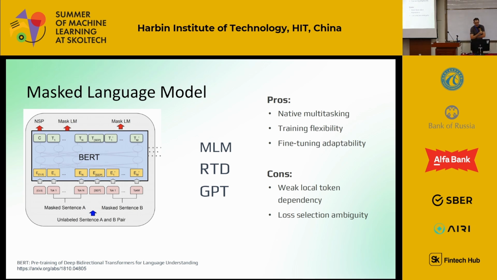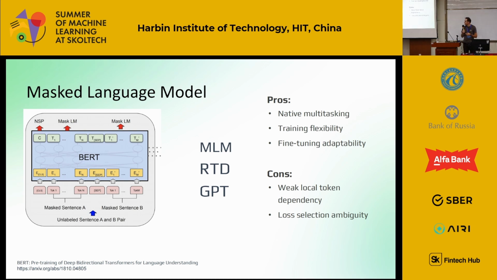The next way is to mask not the events inside the sequence, but the next events. So we will predict the events which do not exist in the input data, like a GPT model.